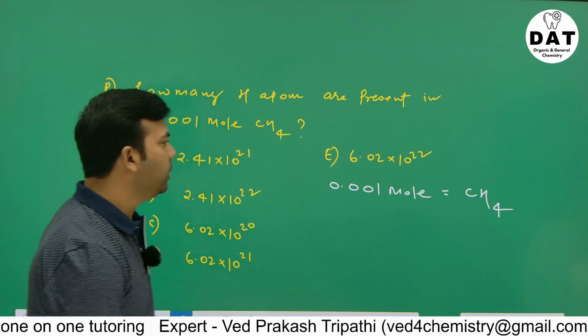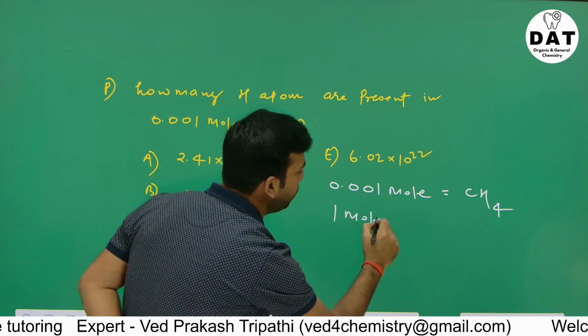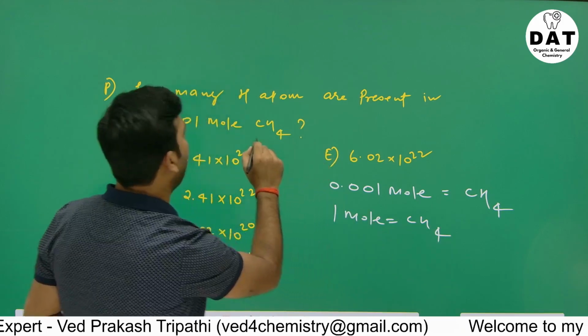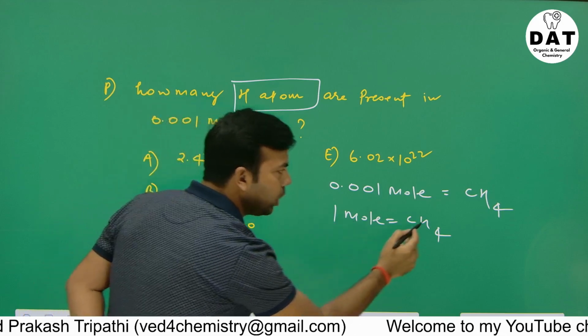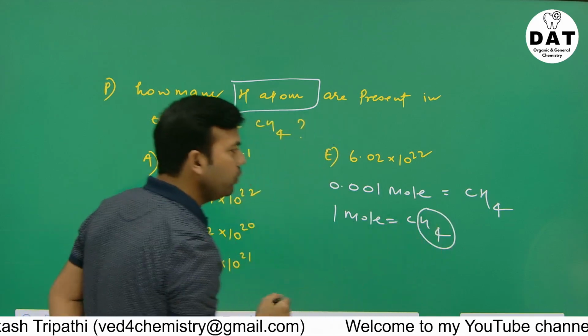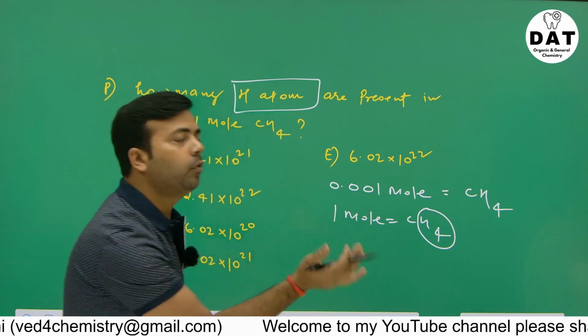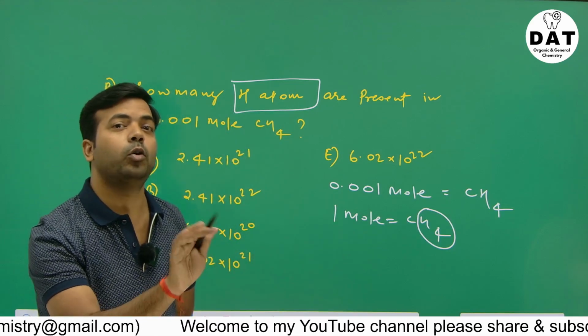So you can see, suppose 1 mole CH4, it is talking about hydrogen. So in 1 mole of CH4, how many hydrogen atoms? 4. So we can say mole-mole ratio. 1 mole CH4 has 4 mole hydrogen.